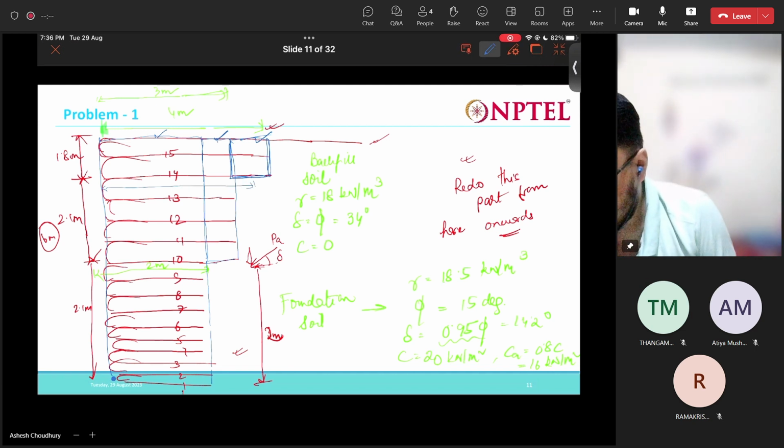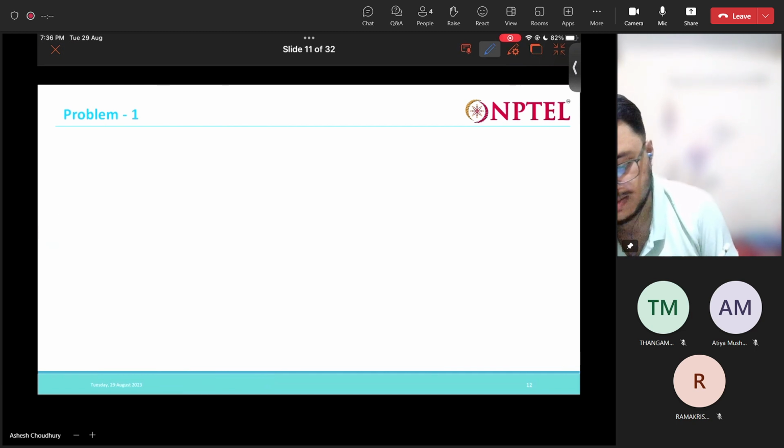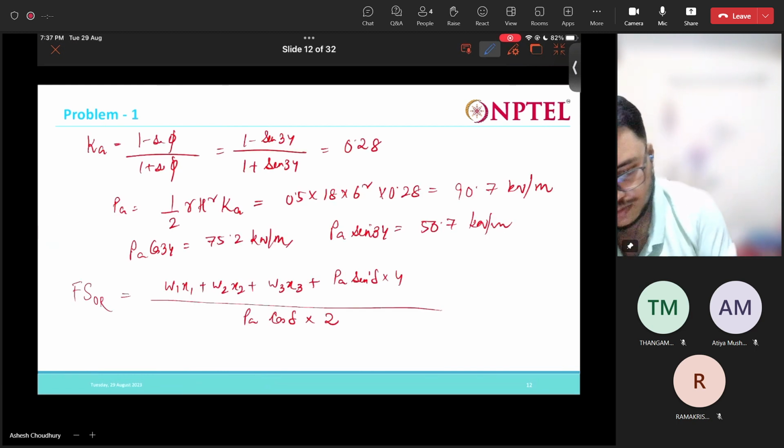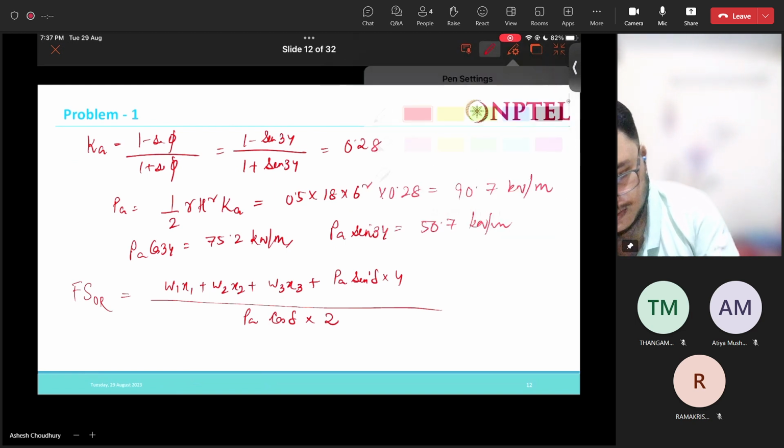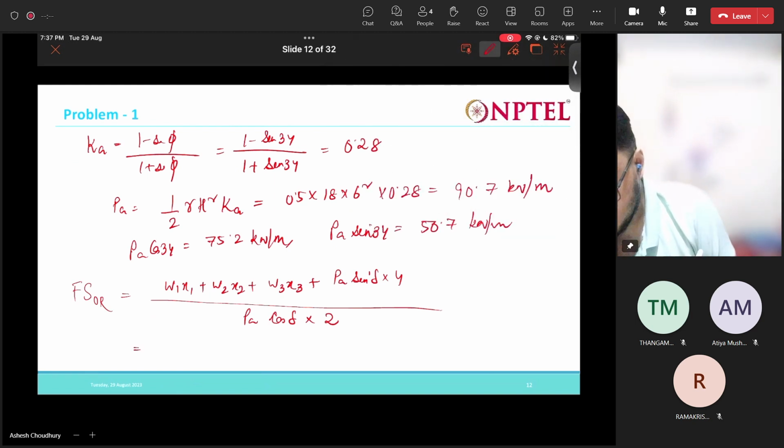Alright, so now let us write. The first soil block is 6 meters high and the width is 2 meters. So 6 meters into 2 meters into 18, where 18 is the unit weight. So 6 into 2 into 18 into 1, as x1 is 1.